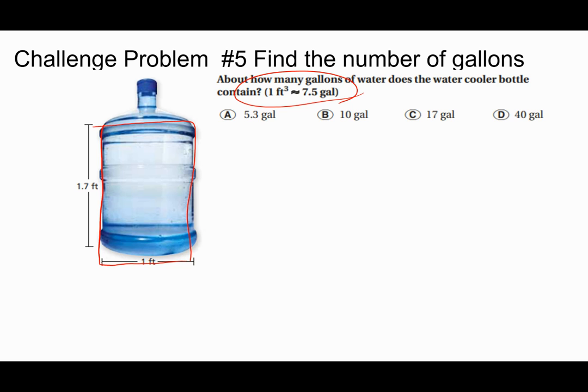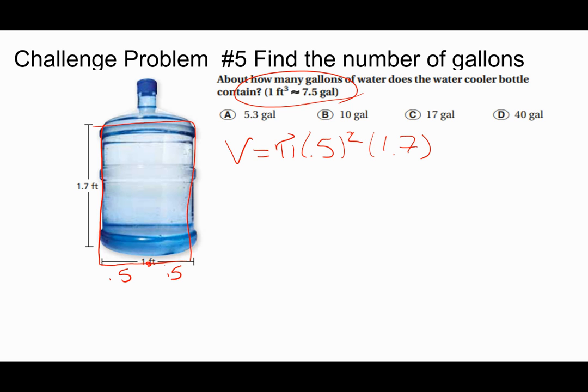So if we put this in place, we can find the volume. Our radius here is 0.5, so it's pi times 0.5 squared times 1.7. That's the height, 1.7 feet tall.